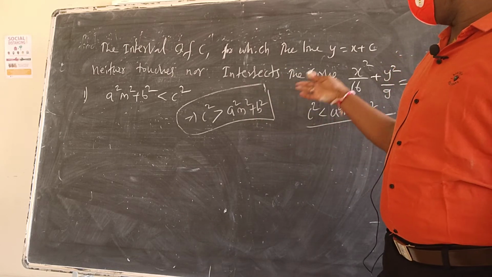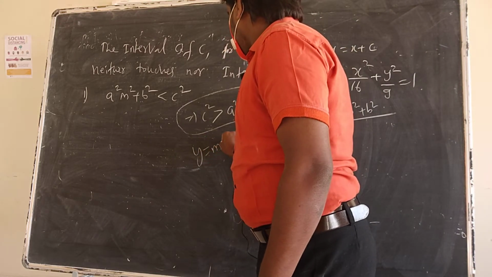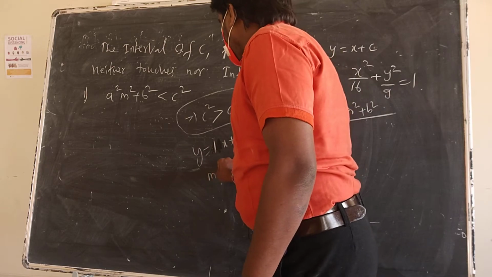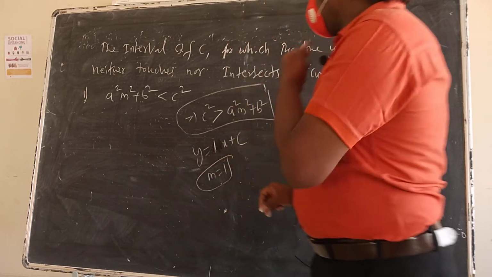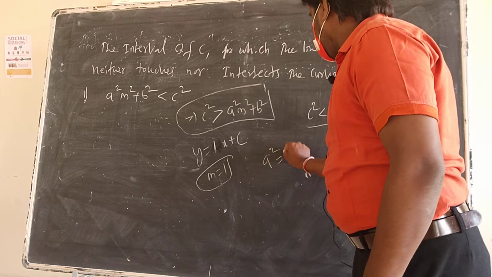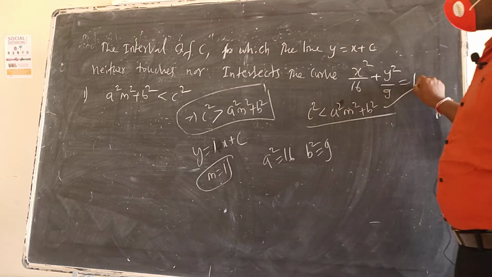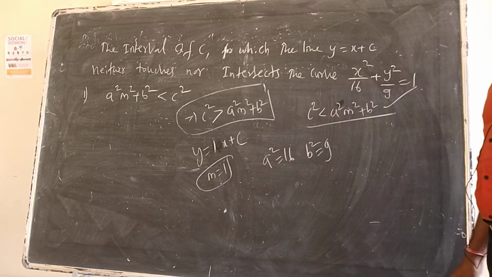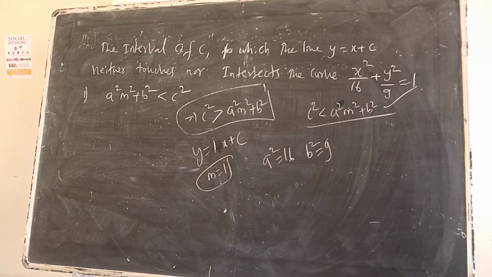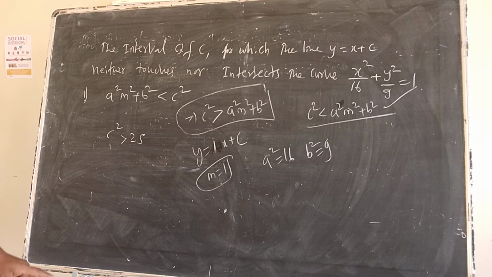So substitute here: y is equal to mx plus c, m is equal to 1, a square is equal to 16 and b square is equal to 9. Substitute in this and you are going to get the answer. You got c square greater than 25.